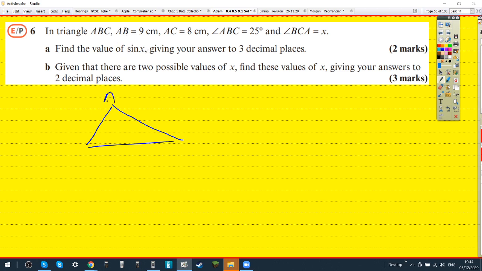AB is 9. AC is 8. ABC is 25. BCA is x. Find the value of sine x. Oh, it's not too bad. They just want sine x.